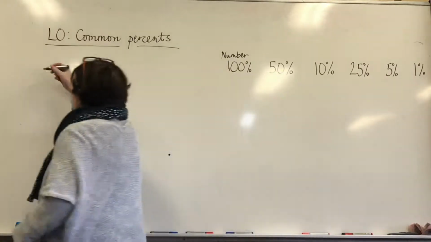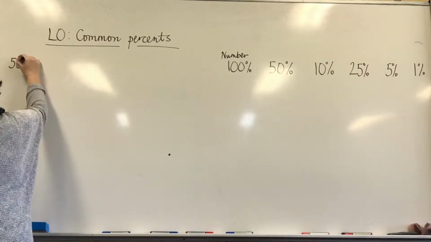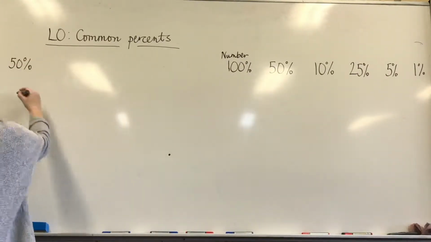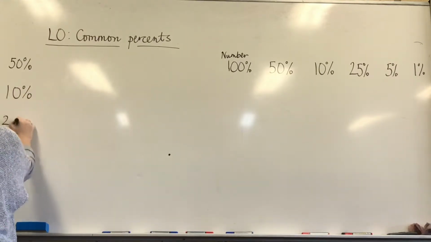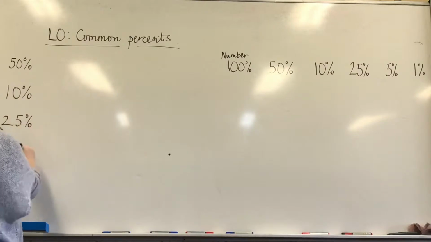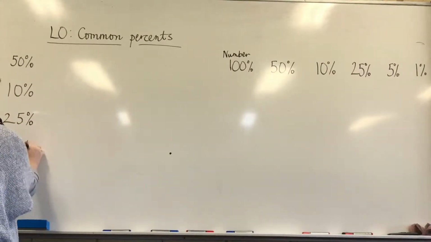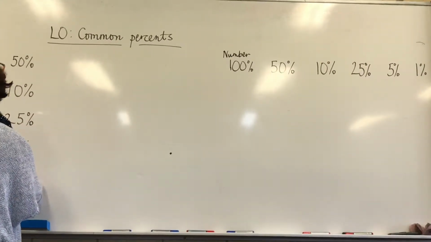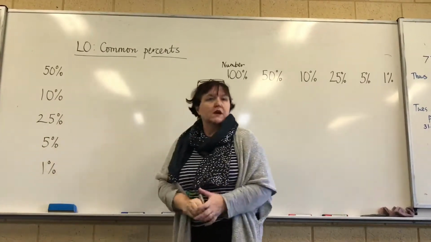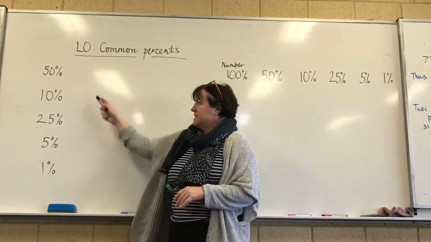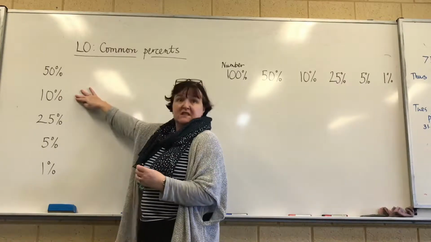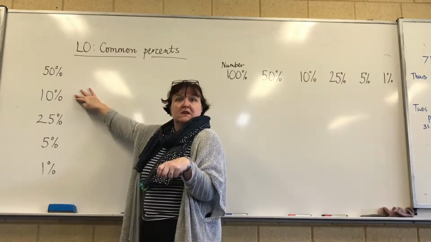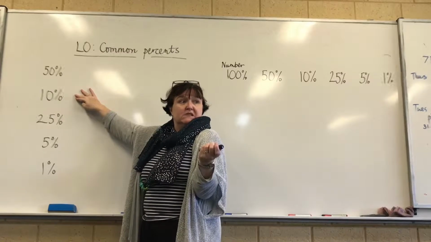So, some common percentages then. We have 50%, 10%, 25%, 5%, and 1%. Now, if you can find these, you'll also be able to find 20%, because if you can find 10%, you can double it for 20%.